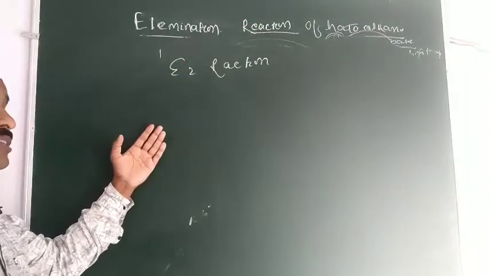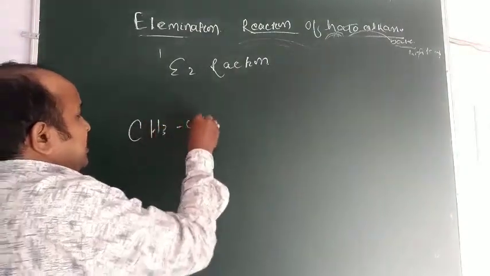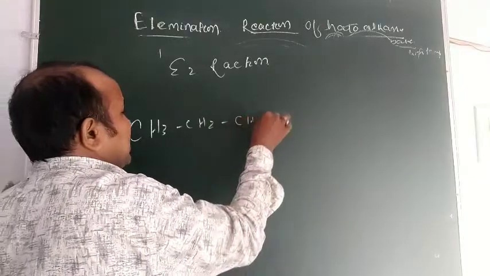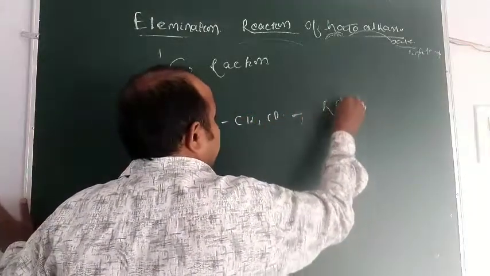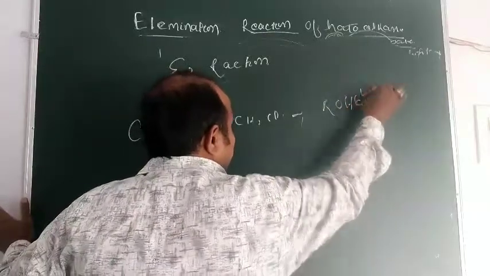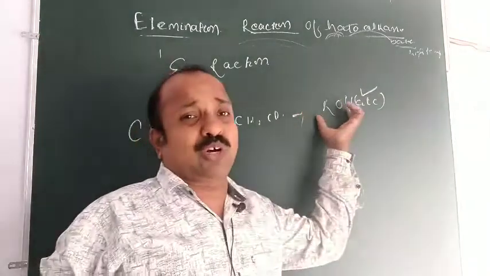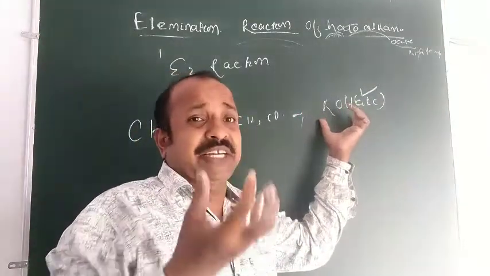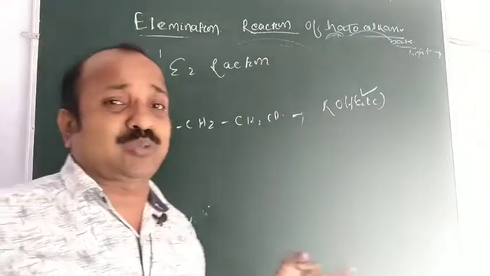For the E2 reaction, there is a need for a strong base. Suppose CH3CH2CH2Cl in the presence of alcoholic KOH. This is the main part of the elimination reaction. If you take aqueous KOH, that acts as a nucleophile and forms the nucleophilic substitution reaction.